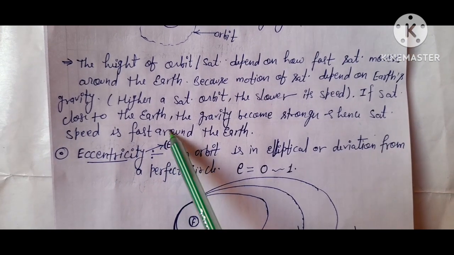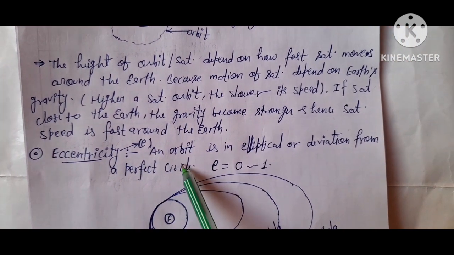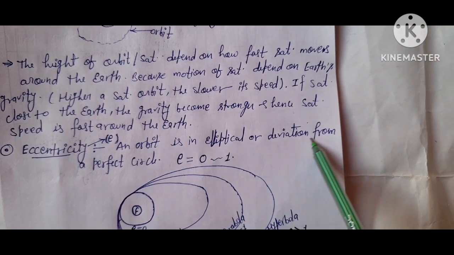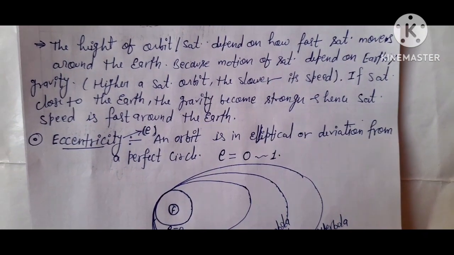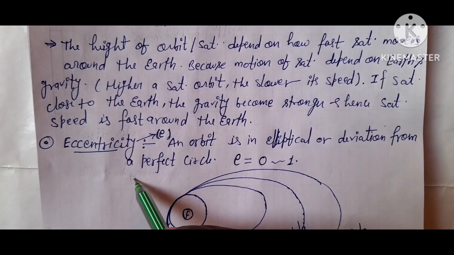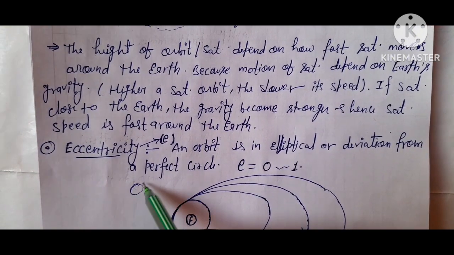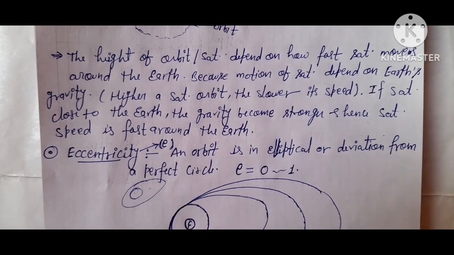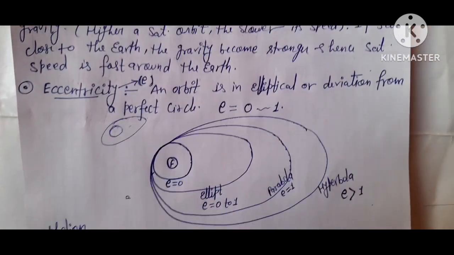Eccentricity is denoted by E. Its definition is the deviation of an orbit from a perfect circle to an elliptical shape. If this is a perfect circle and it deviates from the circle to elliptical, this is known as eccentricity.